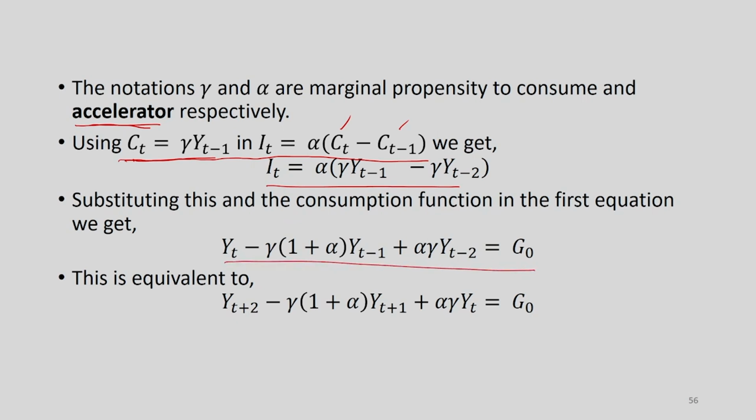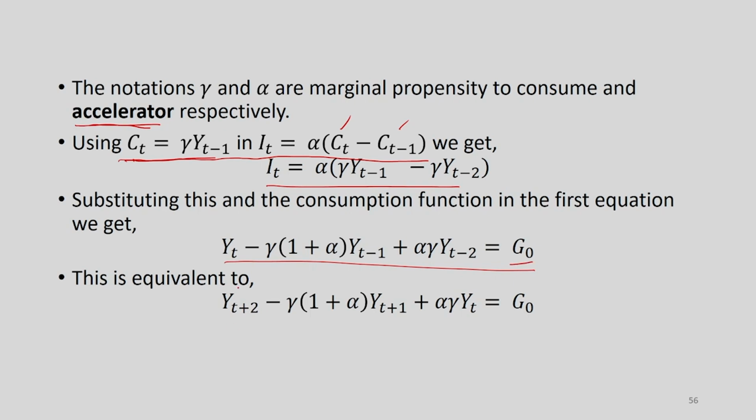You can see it is only a function of y_t's alone, and there are three y_t's here: y_t, y_{t-1} and y_{t-2}. And so, this is a difference equation of the second order. G_0 is constant.